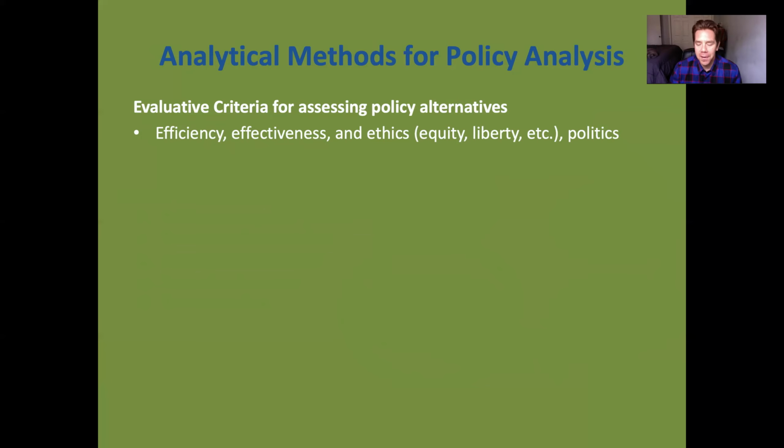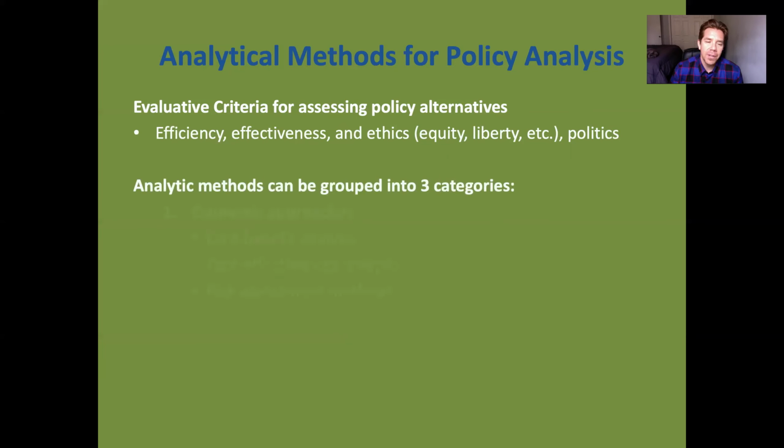Then ethics, thinking about issues of equity, the distribution of the benefits and costs of that particular instrument relative to other policy approaches. And then, of course, political feasibility: how likely is it that we actually get this policy passed and legitimized through the policymaking process?